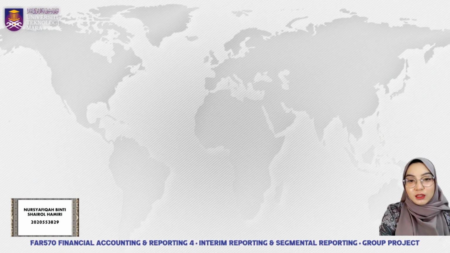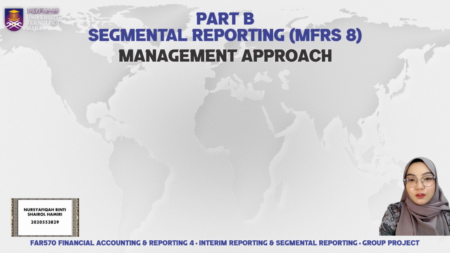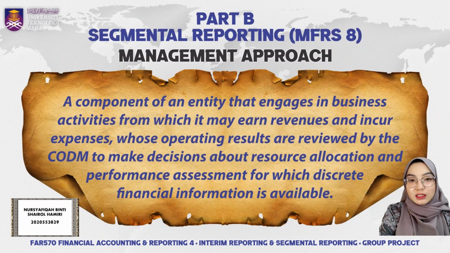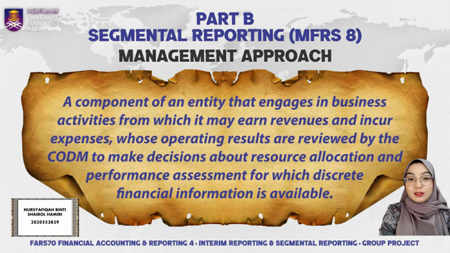We proceed to the management approach. An operating segment is a component of an entity that engages in business activities from which it may earn revenue and incur expenses, whose operating results are reviewed by the CODM to make decisions about resource allocation and performance assessment, and for which discrete financial information is available.